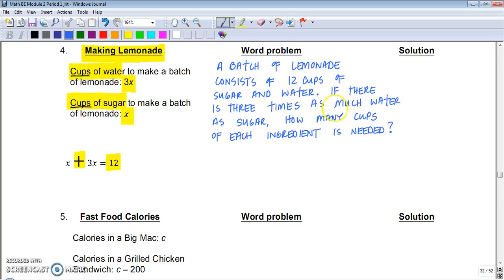If there are 3 times as much water as sugar, meaning there's more water, how many cups of each ingredient is needed?